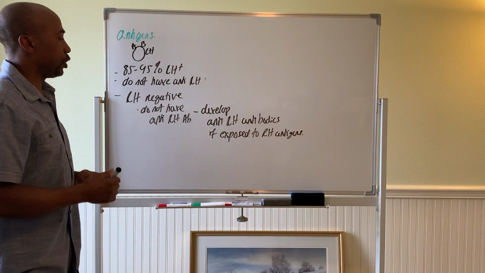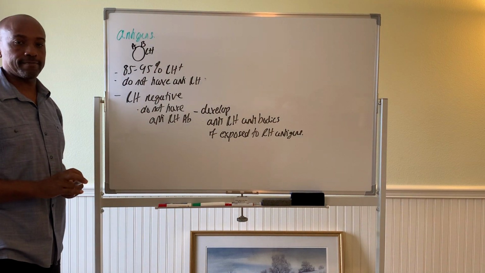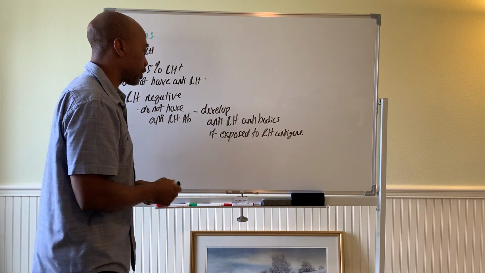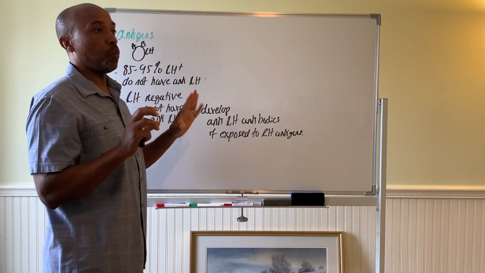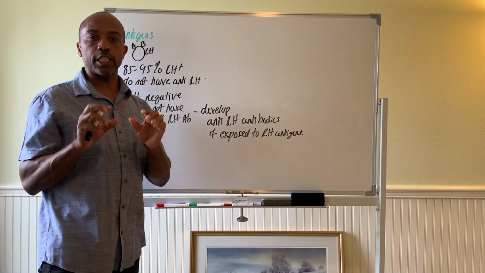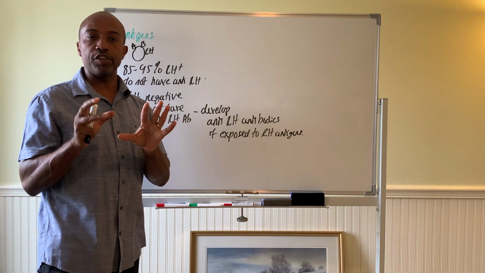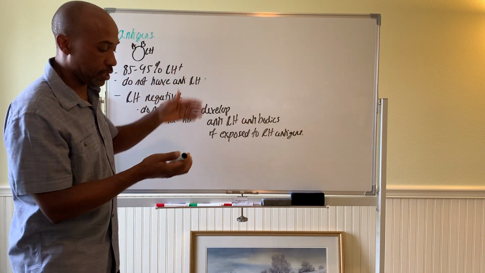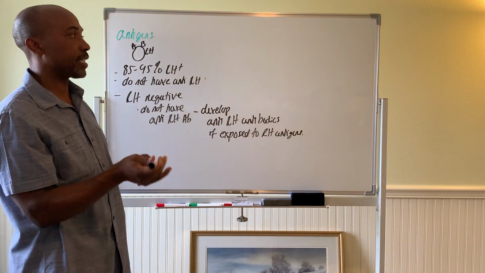And this can lead to some complications, especially during pregnancies, all right? So let's look at that example as to when this may be a factor. Again, you only will develop the anti-RH antibodies if you've been exposed to the RH antigen previously, either through blood transfusion or in this case, through pregnancy. So let's see how it affects pregnancies.